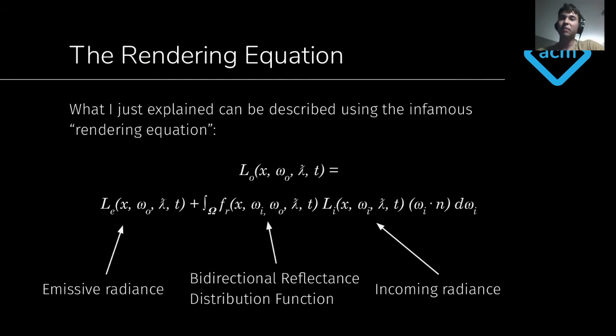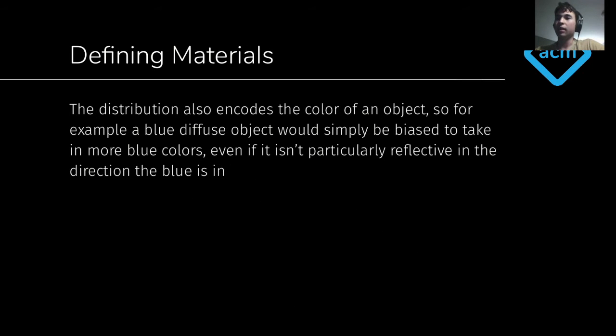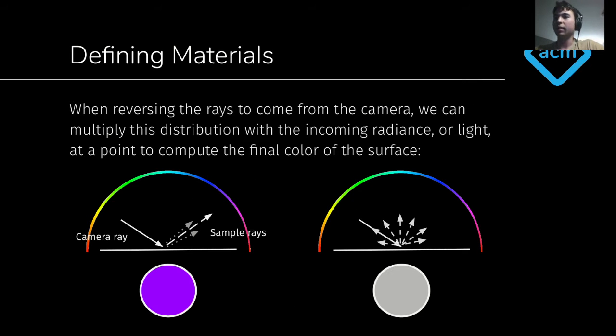Okay, so mathematically this looks scary, but it can be described using the infamous rendering equation, where Lo is the amount of outgoing light towards a camera or something, and Le is the amount of emissive light, if the surface is emitting light. But the big thing we were talking about here, fr, is this distribution function that describes how rays are likely to be scattered.